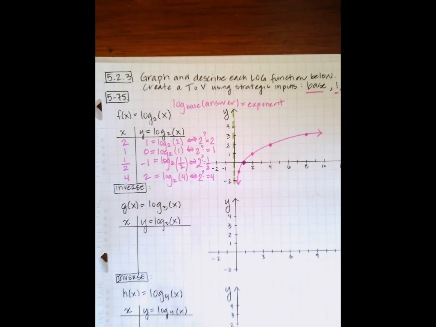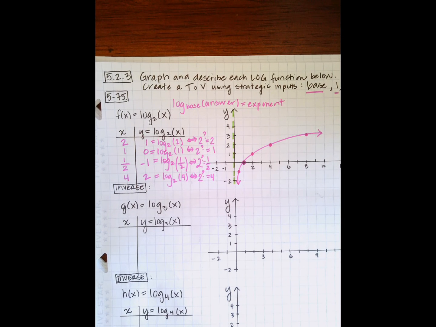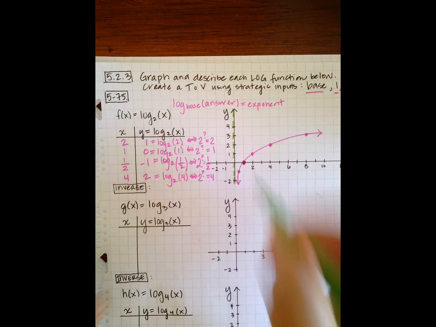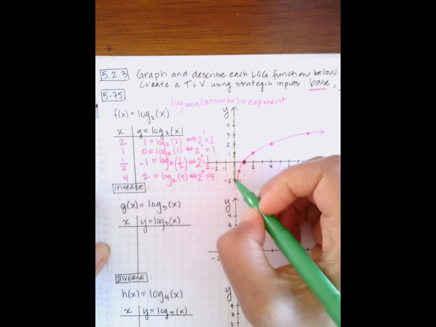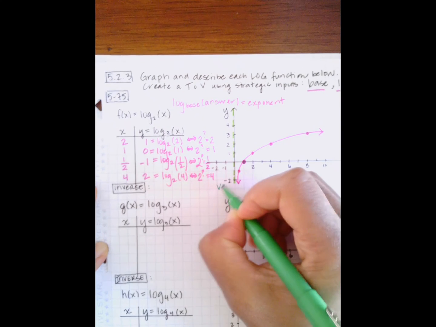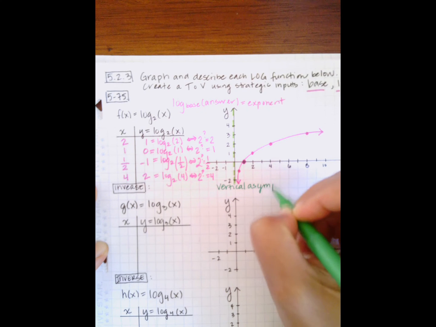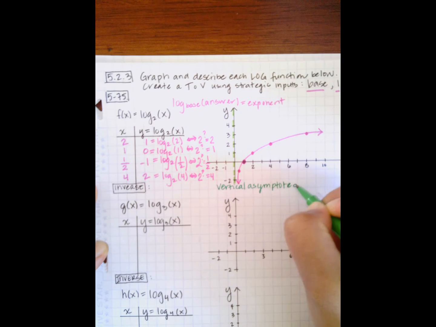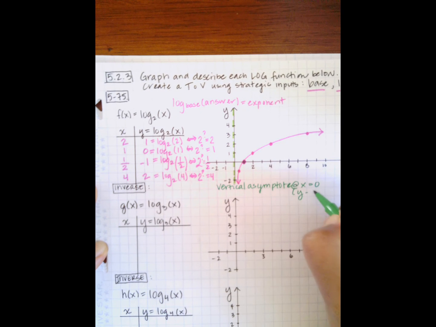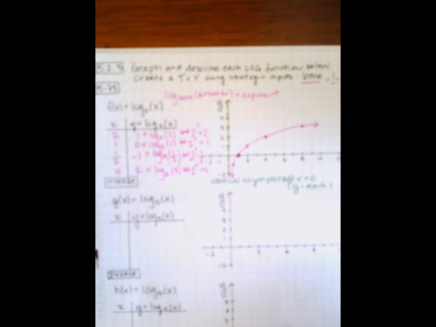Now, of course, if it's gone through a translation, then there'll be an asymptote somewhere else. But in this case, the asymptote has not been horizontally shifted, so there's again a vertical asymptote at x equals 0. And x equals 0 is the equation for the y-axis. So that is the first graph.